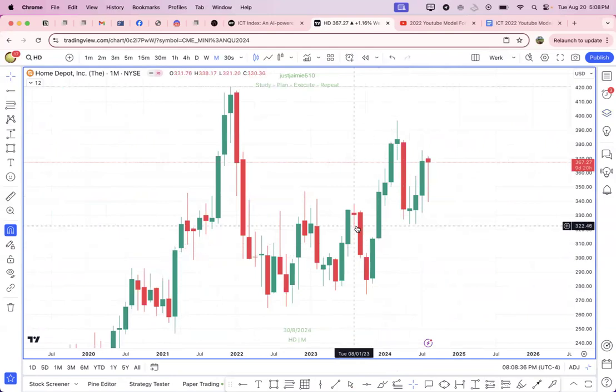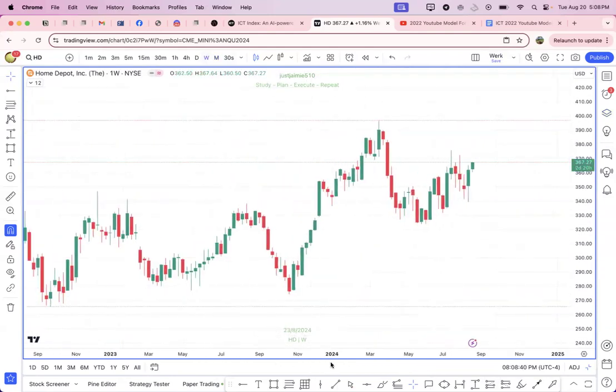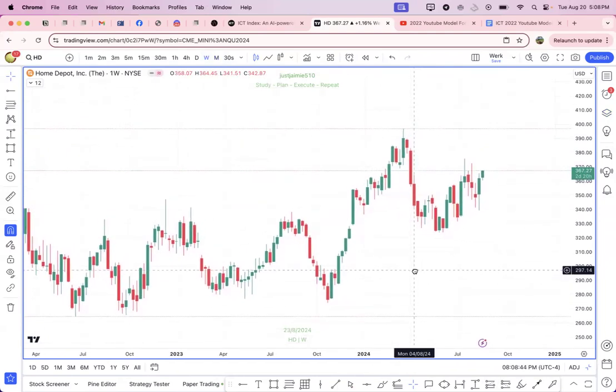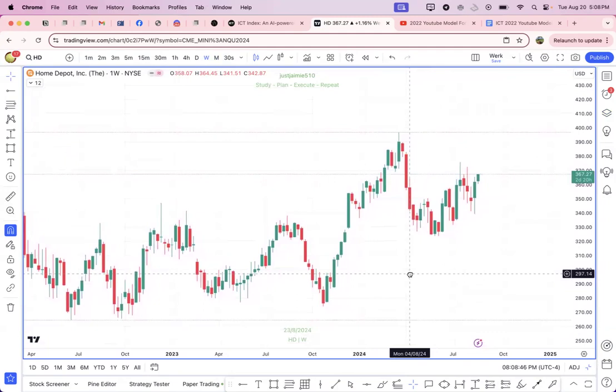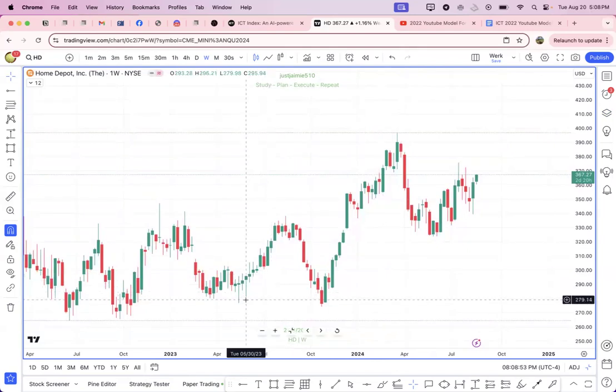So that's the monthly. Then on the weekly, let me see if I can find it over here. I think the one that I was, because this is still the same stop raid. So let's just look at this.